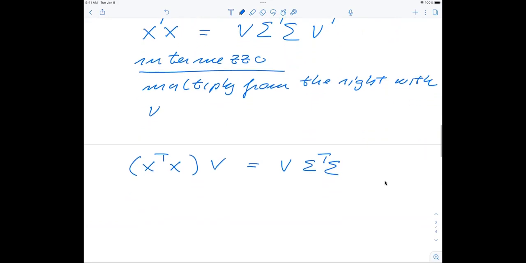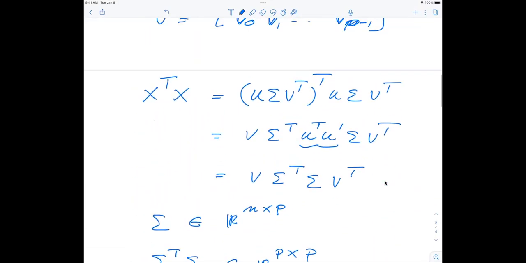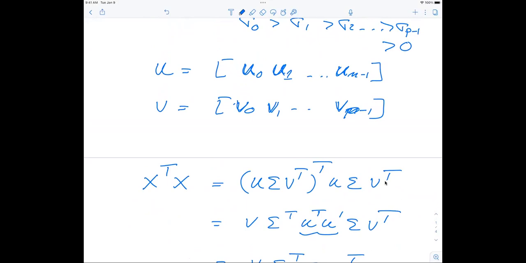If I now look at one of the vectors, remember that V can be represented in a compact way with its column vectors. So just pick one of these vectors.